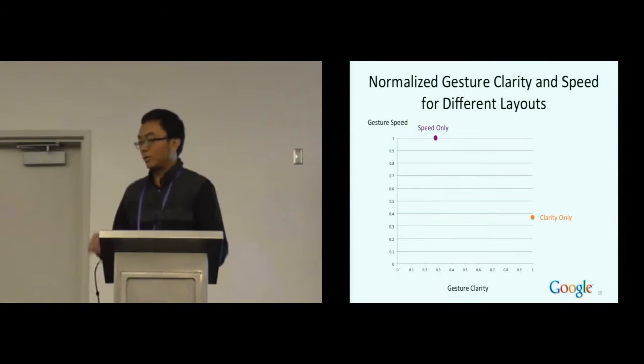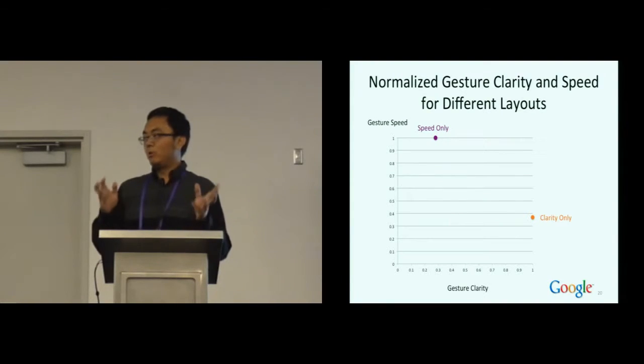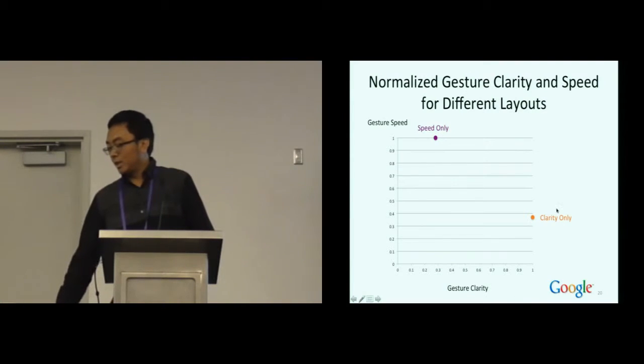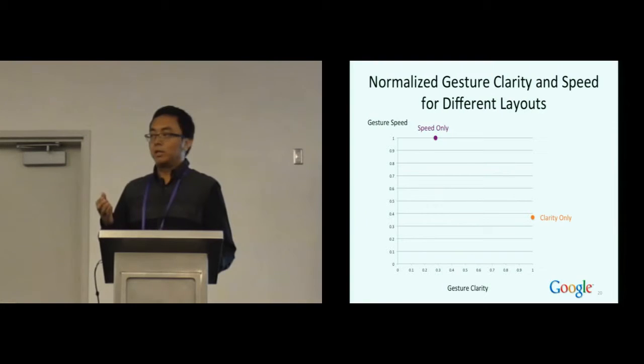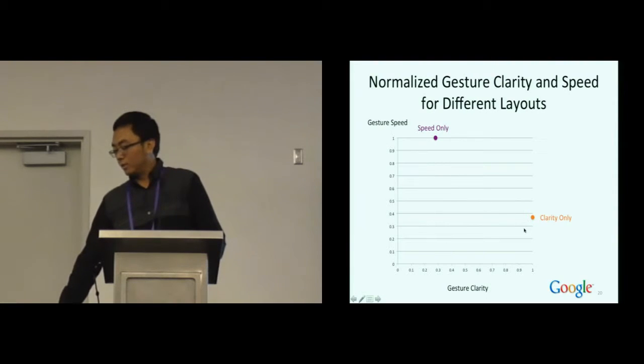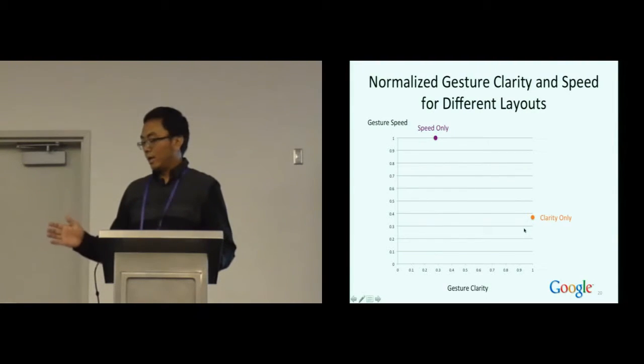And this figure shows the performance of the different layouts. The metrics are normalized between 0 and 1. This orange dot indicates the layout that is optimized for clarity only, and we didn't add any constraint. It's basically the maximum clarity value you can ever get. You can see it here at the far end of the clarity axis.